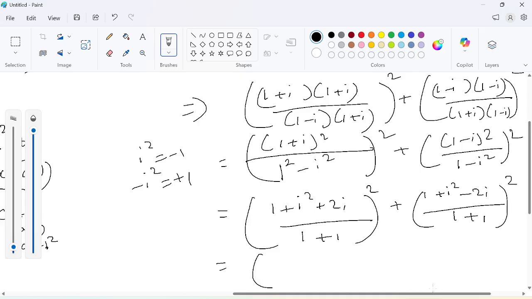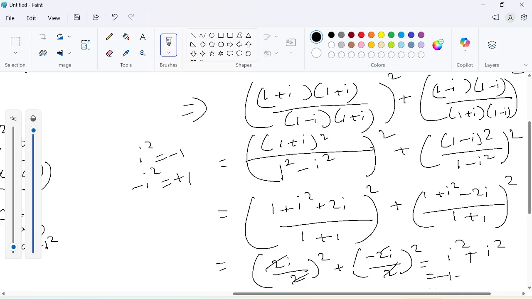So i square is minus 1: minus 1 plus 1 is 0. (2i by 2) whole square plus (-2i by 2) whole square. So 2 cancels, 2 cancels. Now I'll get i square plus i square. What is i square? Minus 1, minus 1, minus 2. So minus 2 is the answer.